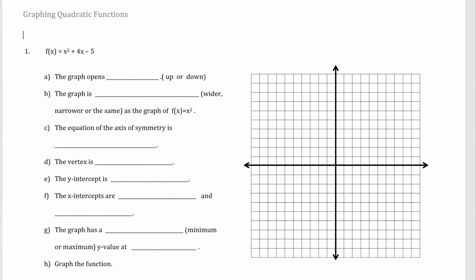I'm always going to write what A, B, and C are. We know the graph opens up because A is positive. The graph is going to be the same width as the graph of f of x is equal to x squared.